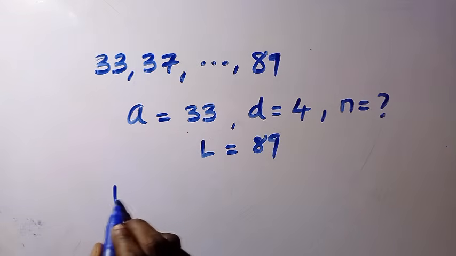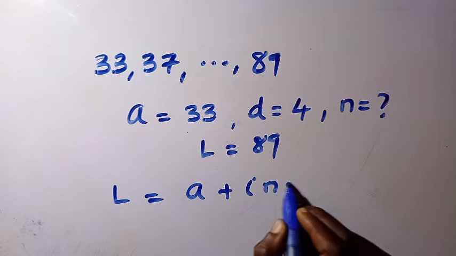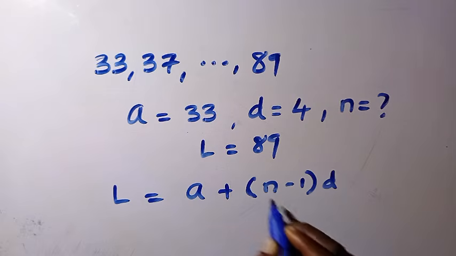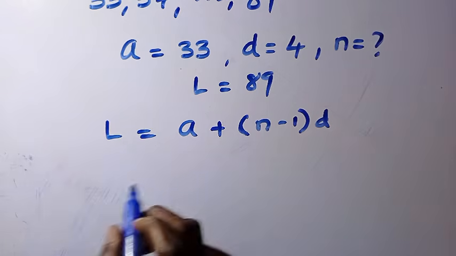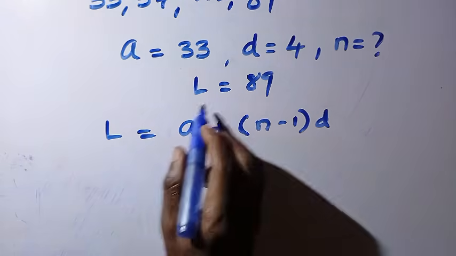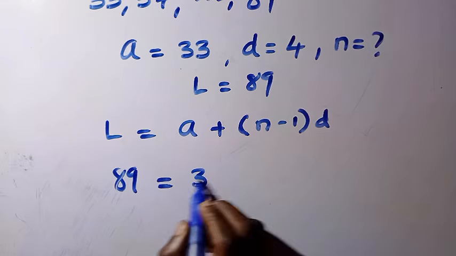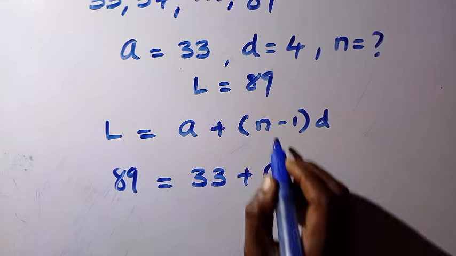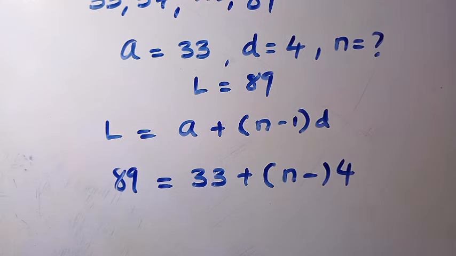So by applying the formula, the last term equals the first term plus the number of terms minus 1 multiplied by d. Inserting the parameters, L here is 89 equals a, which is 33, plus n, unknown, minus 1, then multiplied by d, which is 4.